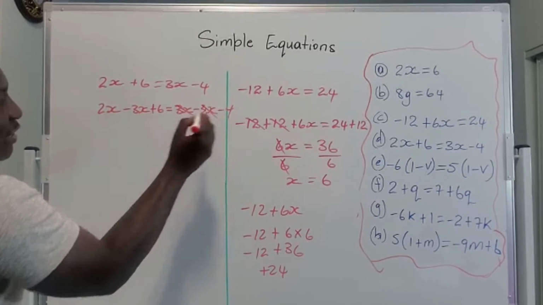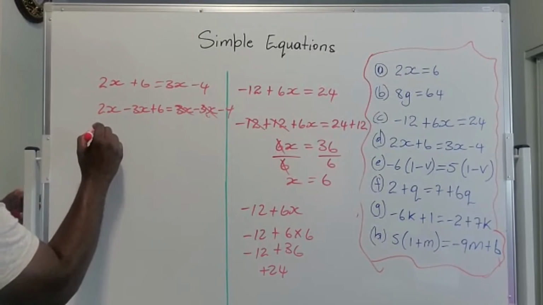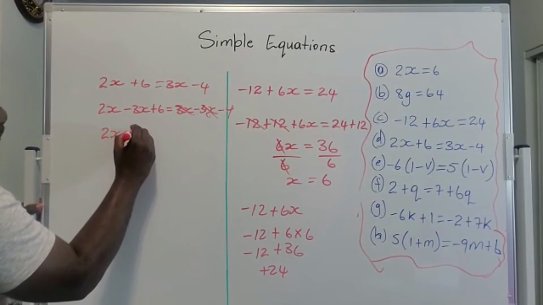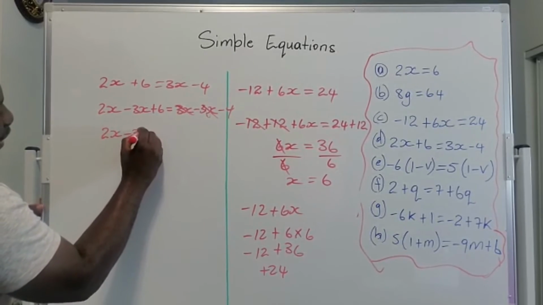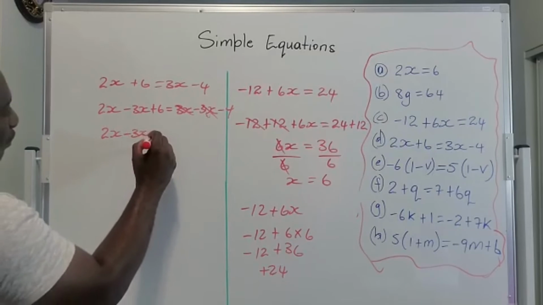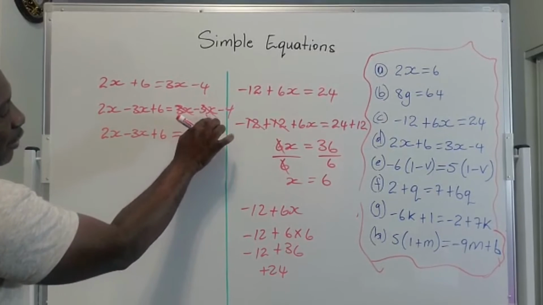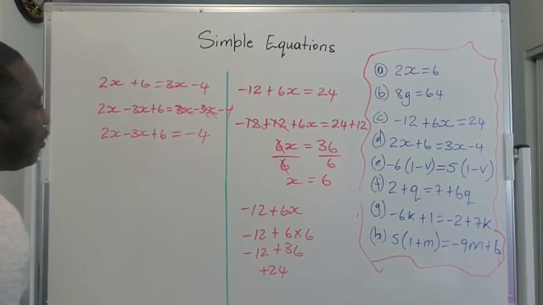This will eliminate, hence I'm left here with 2x minus 3x plus 6 is equal to, this eliminates, negative 4.